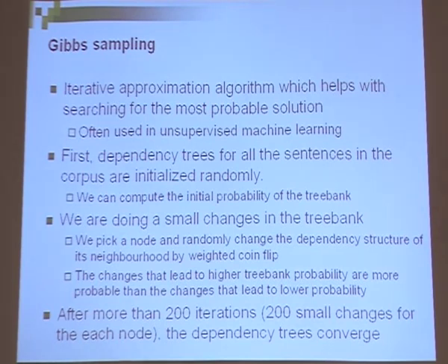And we can compute the initial probability of the treebank we have, which is of course very low. And then we keep doing small changes in the treebank. The small change is that we pick a node and we randomly change the dependency structure in its neighborhood somehow.